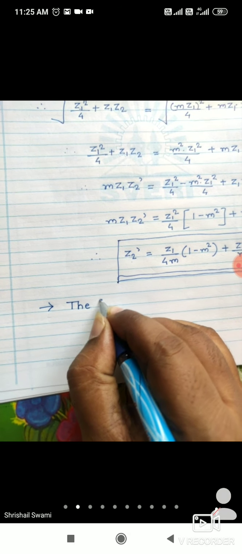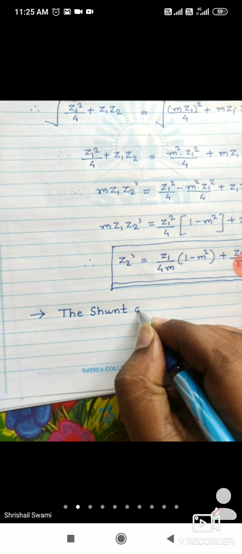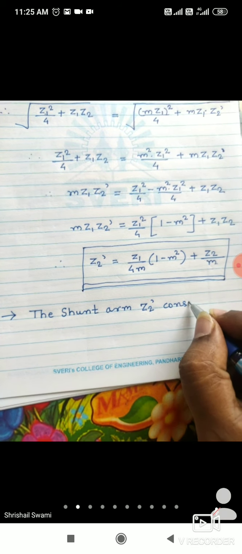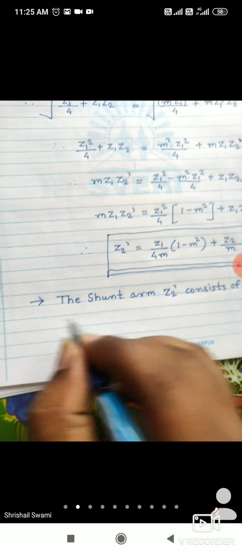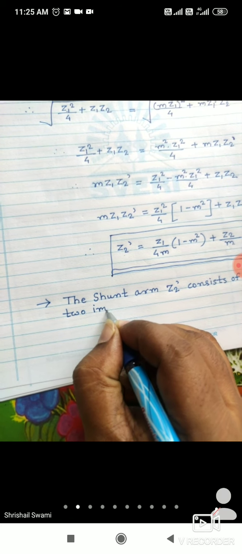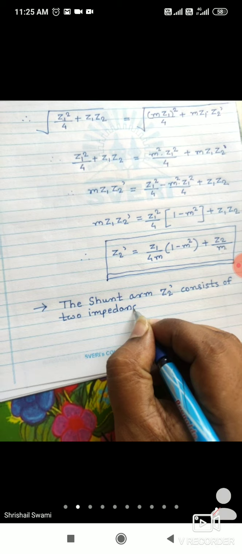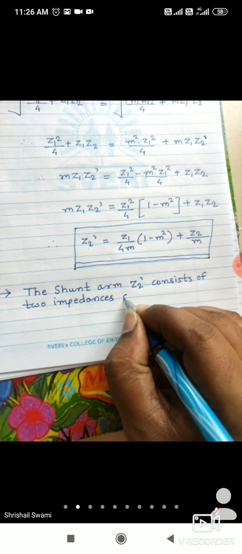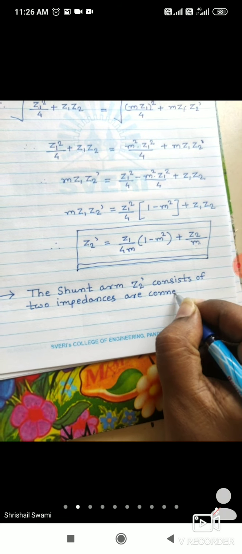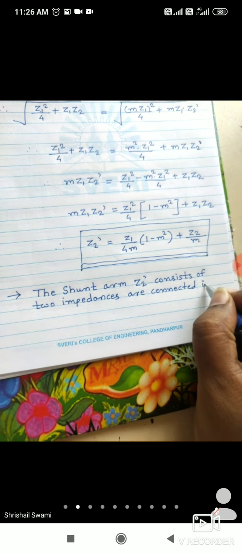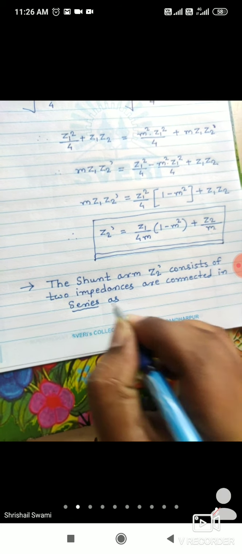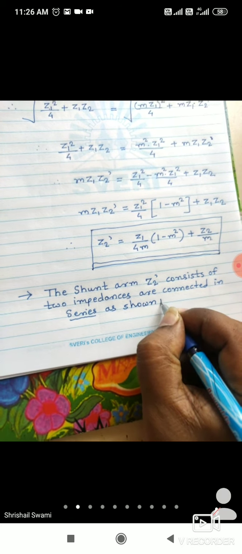So before this one sentence we can write: the shunt arm or parallel arm Z2 dash consists of, means this one consists of two impedances, which ones, this is the first and this is the second. Two impedances are connected in series as shown in figure. Make it underline, series as shown in figure.